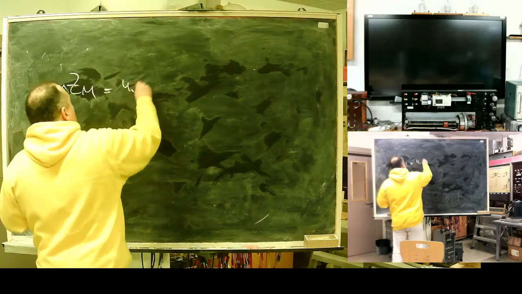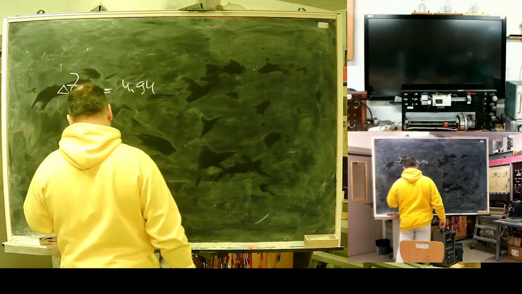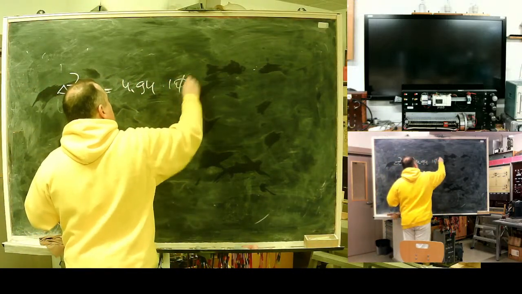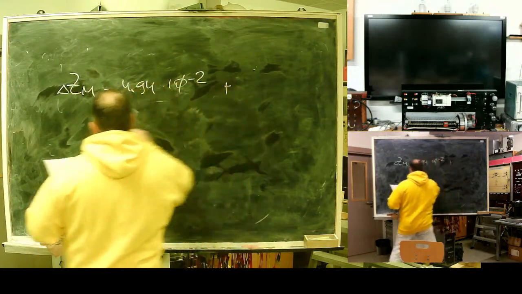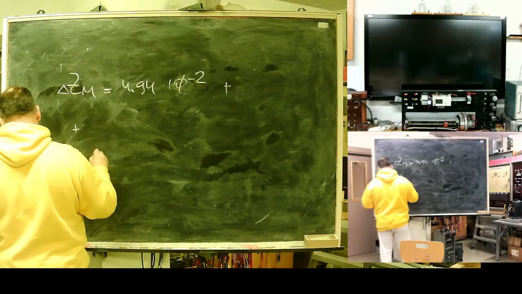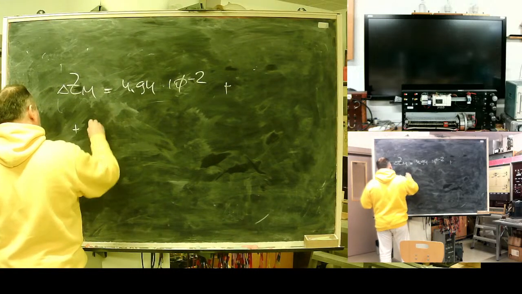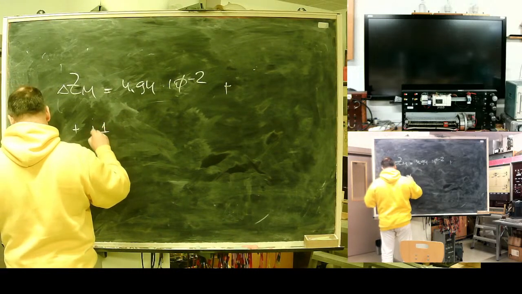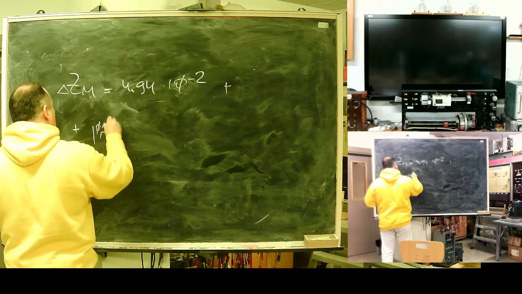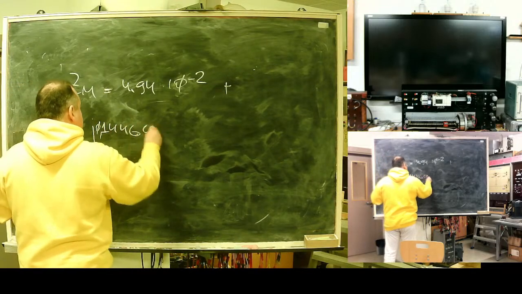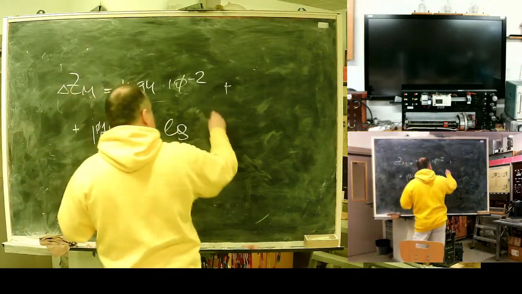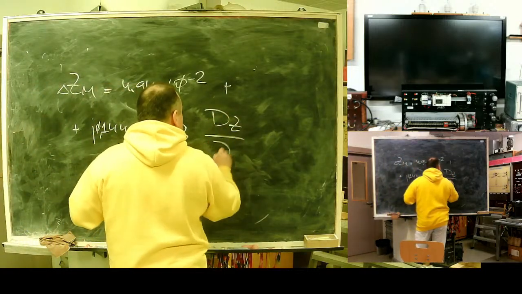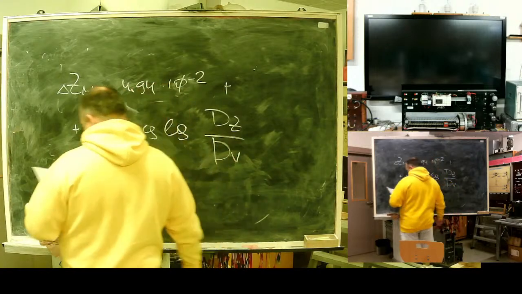It will be 494 multiplied by 10 power minus 2 plus 0.14469 logarithm of, divided by dV.